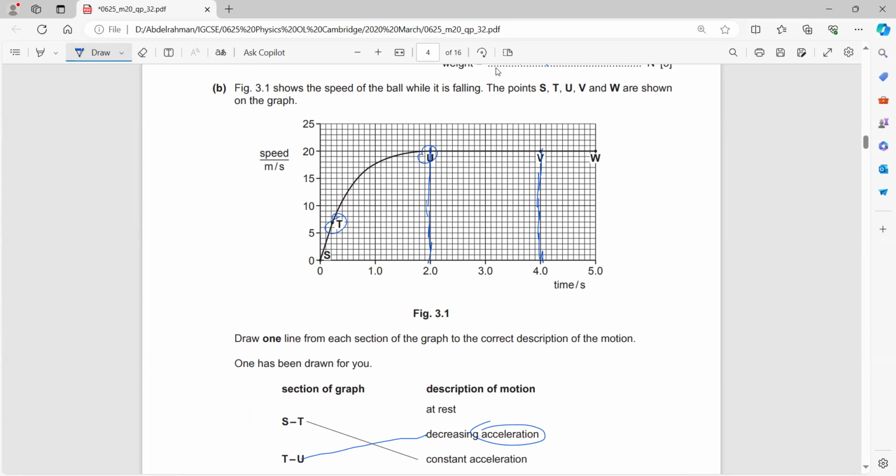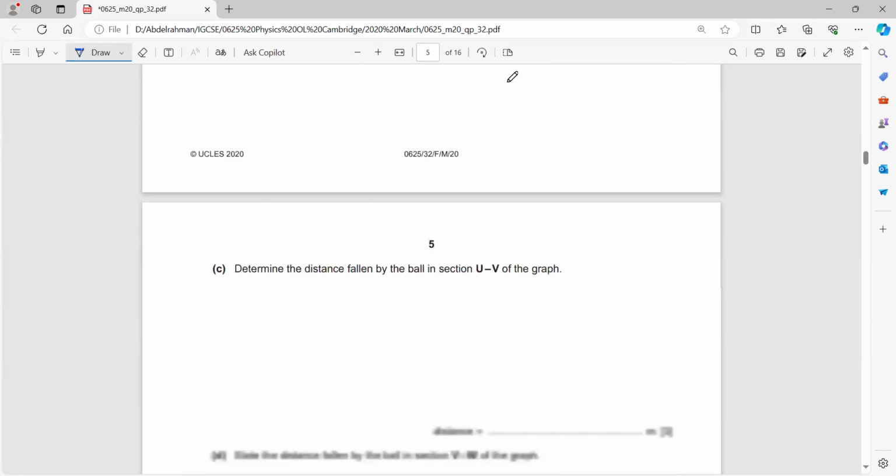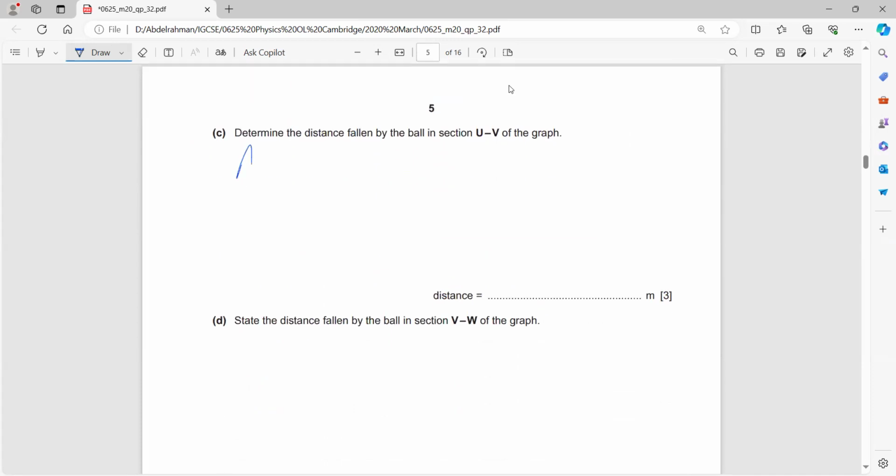The distance from 2 to 4 is 2 and the height is 20. Area under the graph, three very easy marks. This is the area of a rectangle, which is 2 times 20, 40 meters.